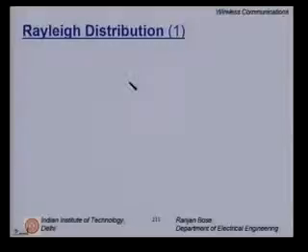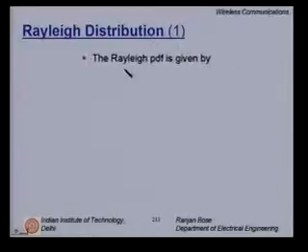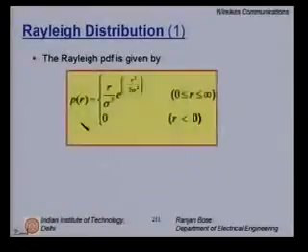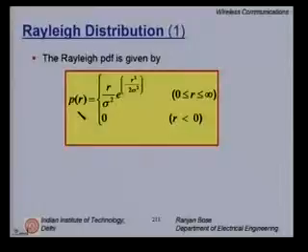Let us go back to the Rayleigh distribution and see what it is mathematically. The PDF, or the probability density function of the Rayleigh distribution, is given by the following. P(r) is r over sigma squared e raised to the power minus r squared over 2 sigma squared.